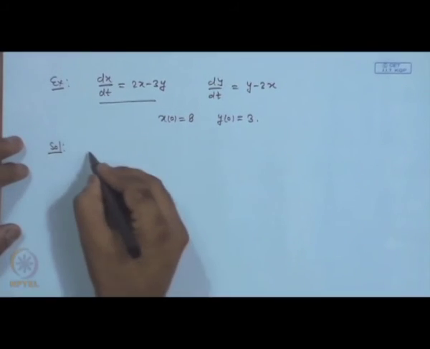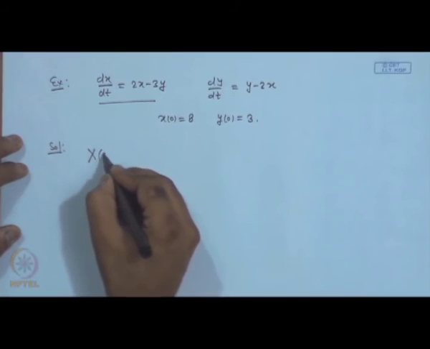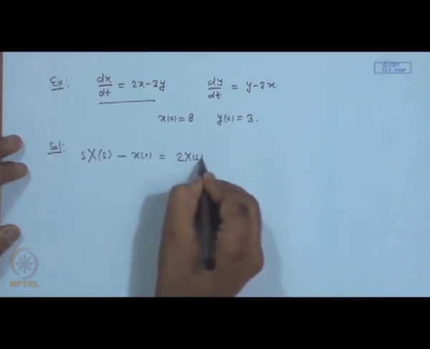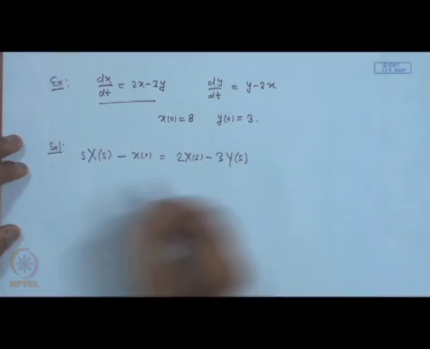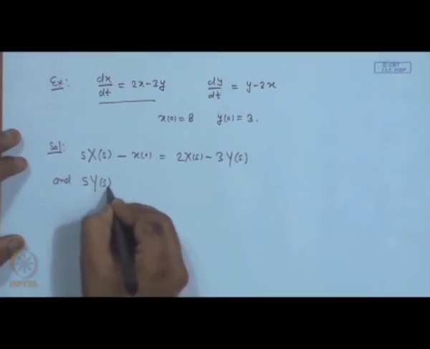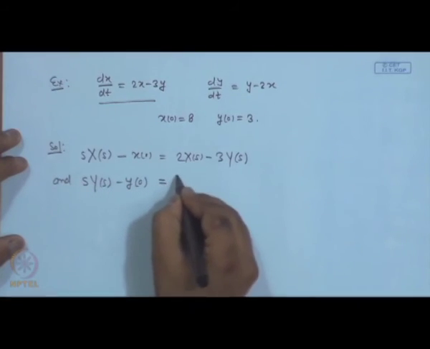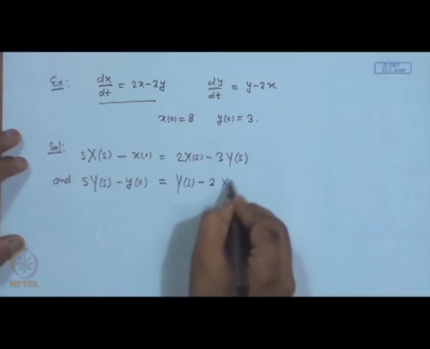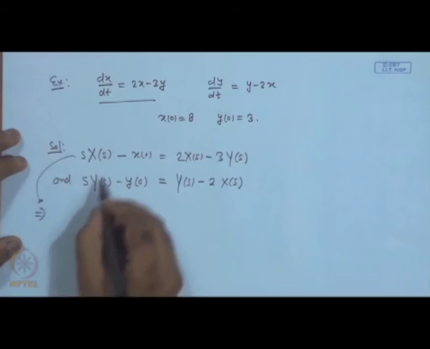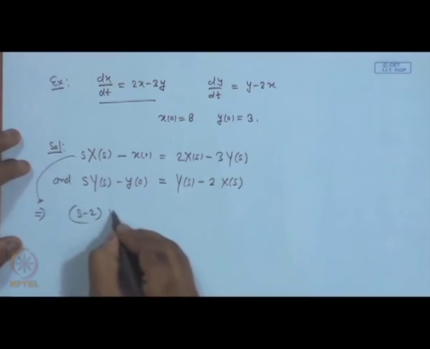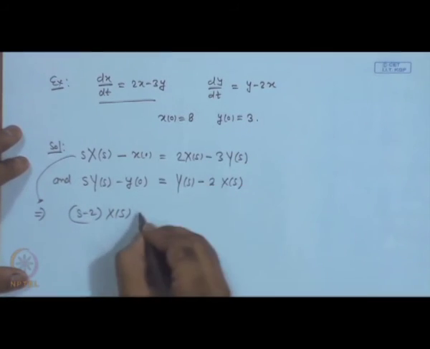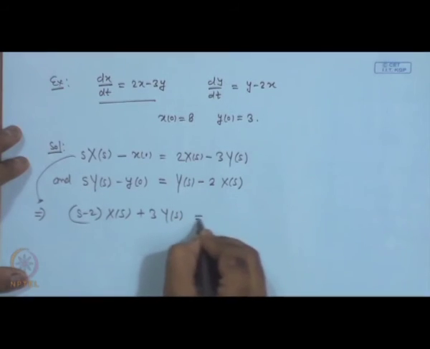Denoting by X(s), we get sX(s) − x(0) = 2X(s) − 3Y(s), and for the second equation we have sY(s) − y(0) = Y(s) − 2X(s). So, from the first equation we have (s − 2)X(s), with x(0) given as 8, and we take the 3Y(s) to the right-hand side, so we have 8.